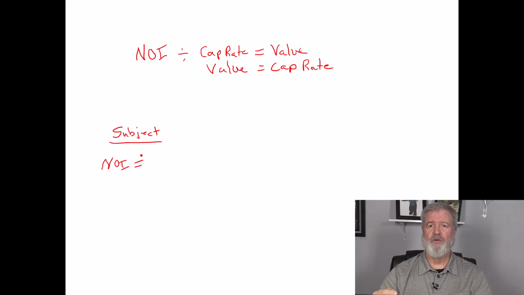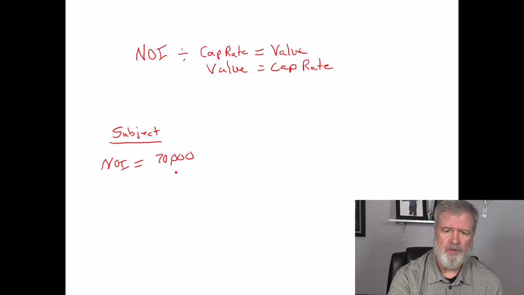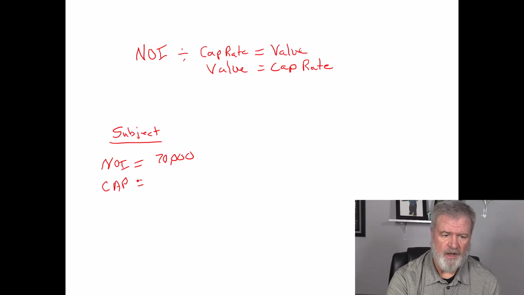They're going to have to produce some paperwork, tax returns, some kind of evidence of what the income is. But at the end of the day, you're going to get it from the property owner. So let's say in this example, $70,000 was my annual net income. Obviously, if I'm trying to figure out the value, the next thing I need to know is the cap rate, and then I can figure out the value of the property.